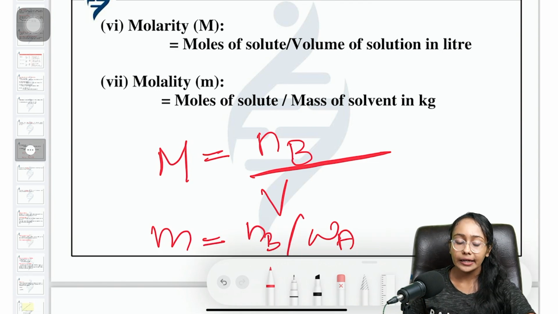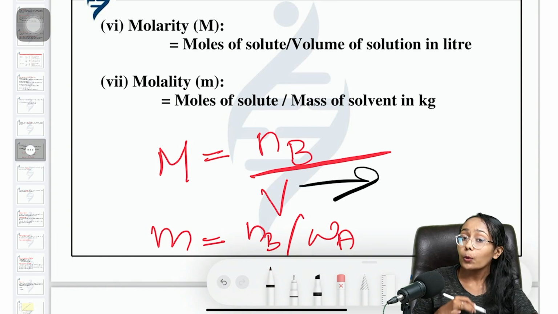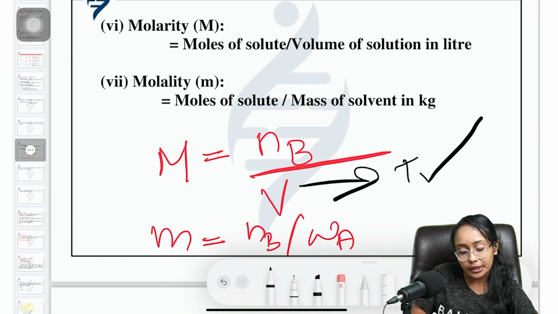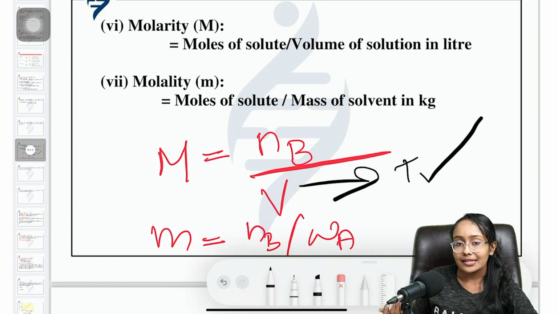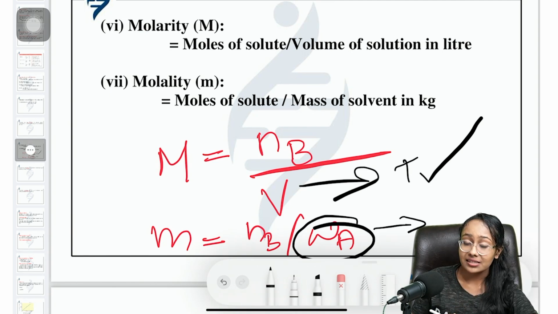So in molarity, we can see that volume comes here. Volume is obviously temperature dependent. As temperature changes, there will be a change in volume. In molality, mass comes in the denominator.